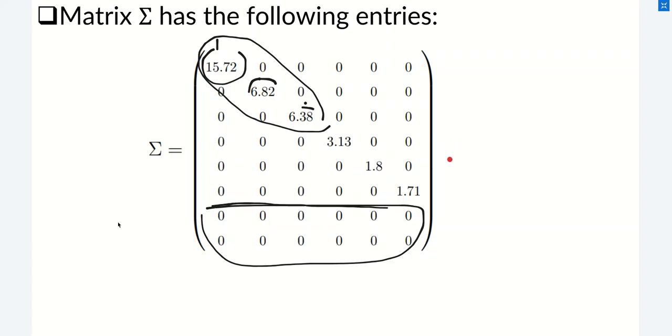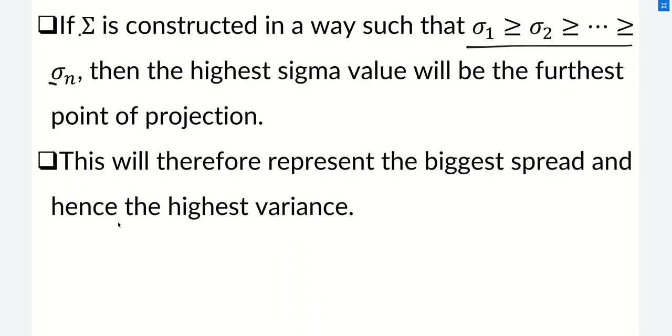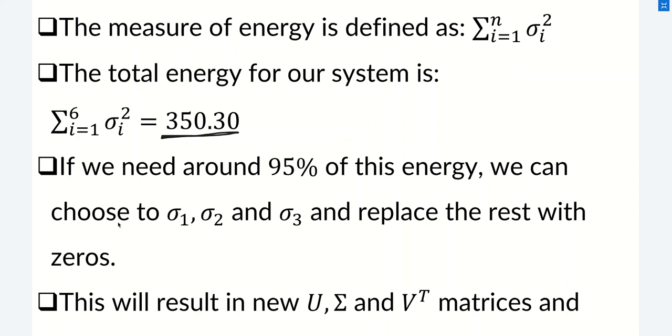If I want to consider about 95%, I can pay attention to the first three, neglecting the rest, because they contribute much more than the rest. So what am I doing over here? I'm approximating. We are going to pick the first three and replace the rest with zeros because they are irrelevant.